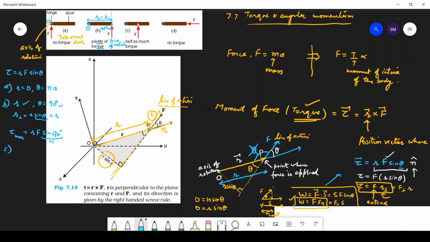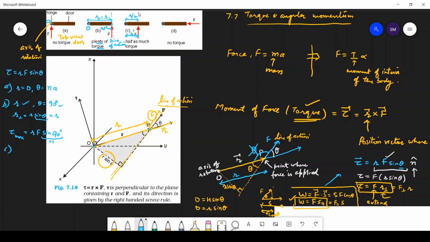Now let us see figure C. Now you are applying the force in the middle of the door. So what is this distance? It is R by 2. If you consider this whole distance as R, then this distance is R dash, and R dash is R by 2.